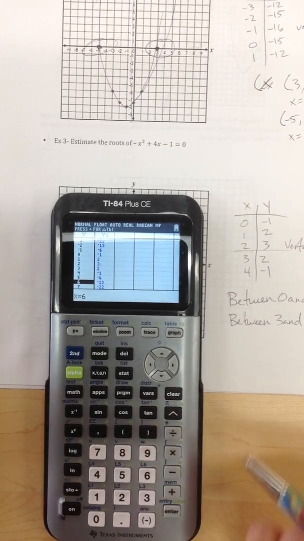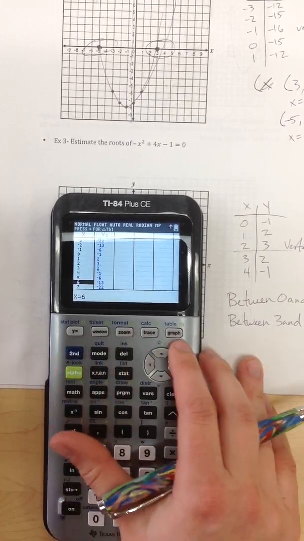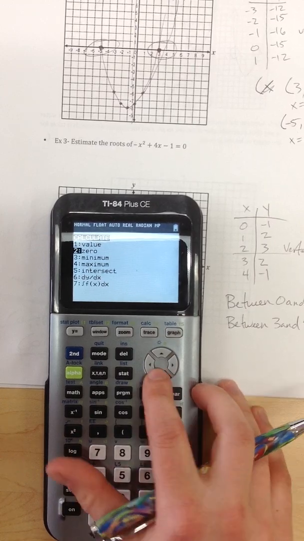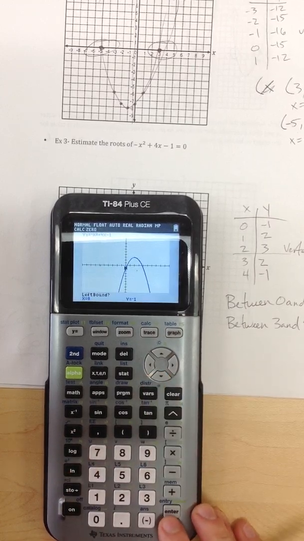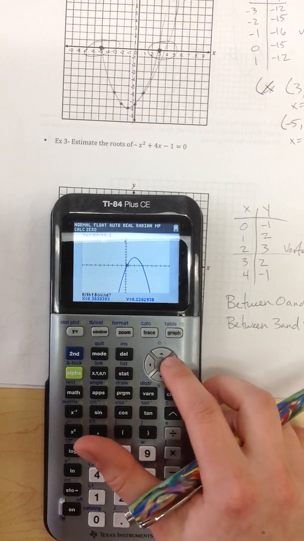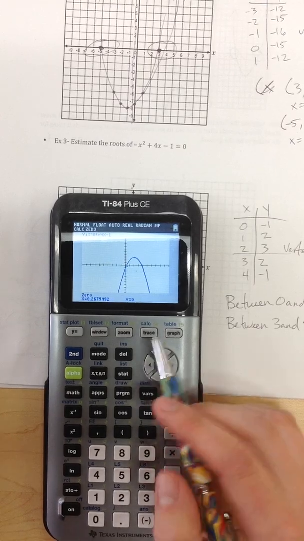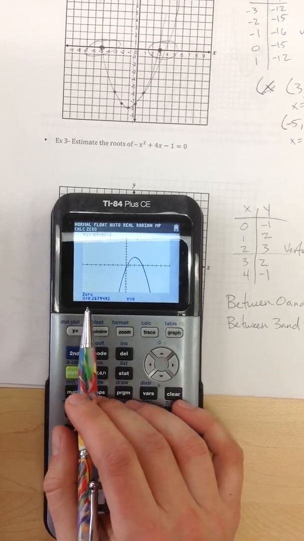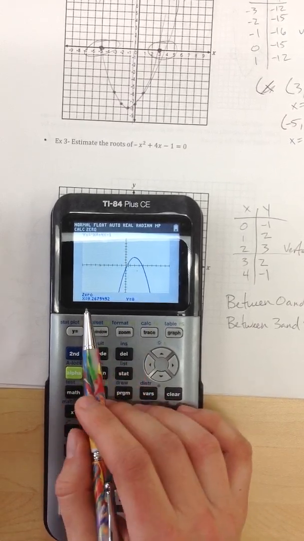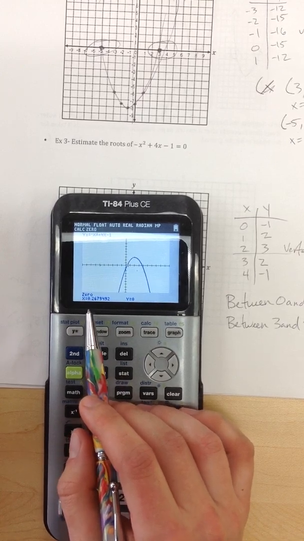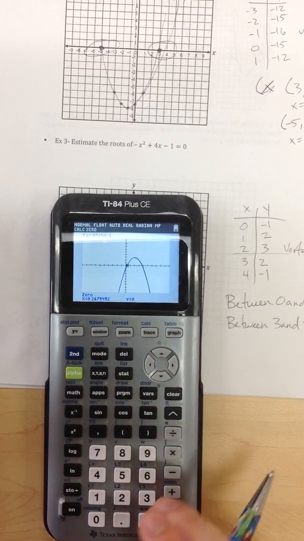Another way to do it would just be actually finding those roots. So you could go second, and then your trace button, which is calculate. We're calculating the 0. Left bound will be on the left side, so enter. Right bound is on the right side. Enter, and then you can see it's just a decimal there, so 0.2 whatever, which, if we're estimating, would be between our 0 and our 1.